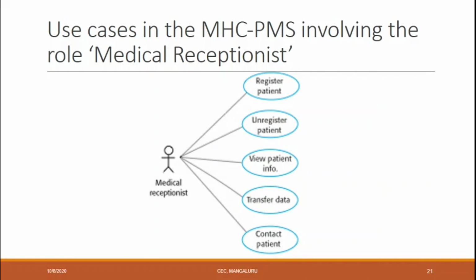There is an actor, and all the activities to be done can be represented briefly or in full detail. Here you can see the actor medical receptionist, and the work to be done is given in detail: register patient, unregister patient, view patient information, transfer the data, contact patient.